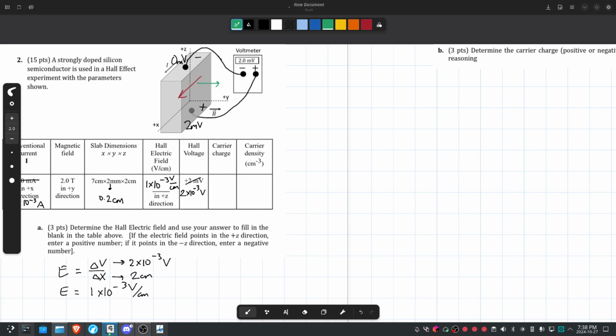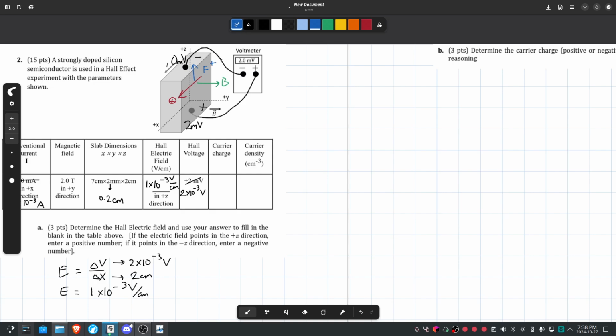Now grab your right hand and start spinning it about, and you will find that this is B. This is your positive charge. It's going to be going up. So the force for the positive is going up.